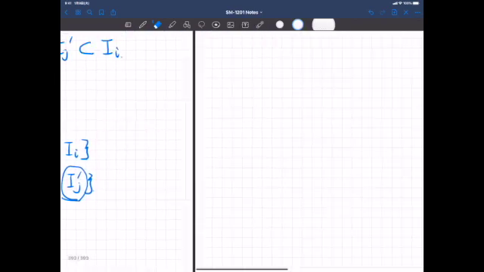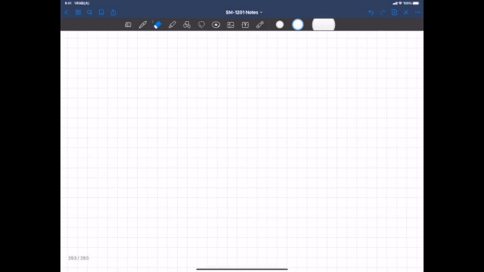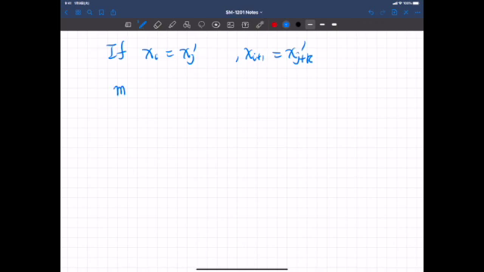So let's say if xi corresponds to xj prime and xi plus 1 corresponds to xj plus k prime, then we have the following equation: mi times xi plus 1 minus xi. So this is a term involved in the lower Riemann sum, right?